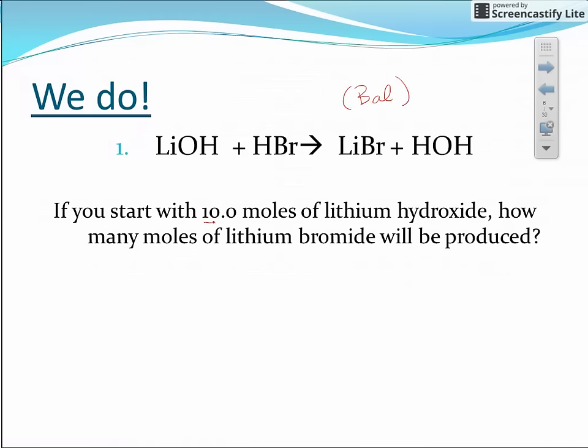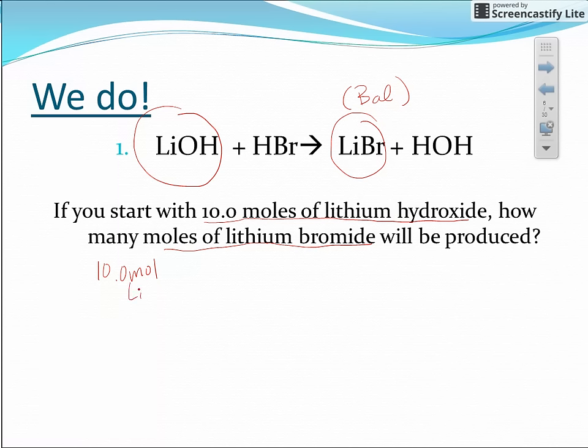Now this says if you start with 10 moles of lithium hydroxide, how many moles of lithium bromide will be produced? So notice it mentions lithium hydroxide and then it mentions lithium bromide. All right, so this is where it's going to be important. This is why I taught you in the last chapter to always identify your substance. So we have 10.0 moles of lithium hydroxide. So you're going to put LiOH.